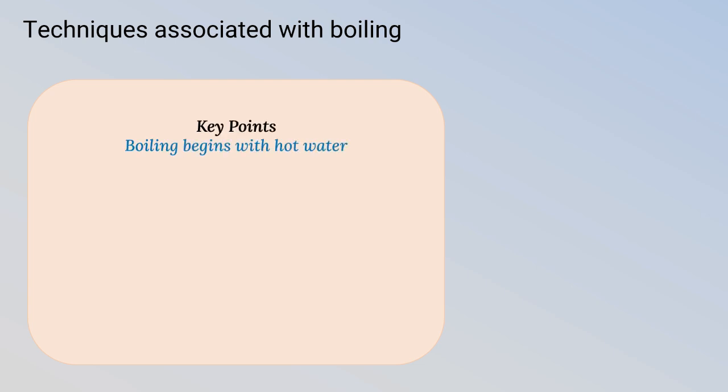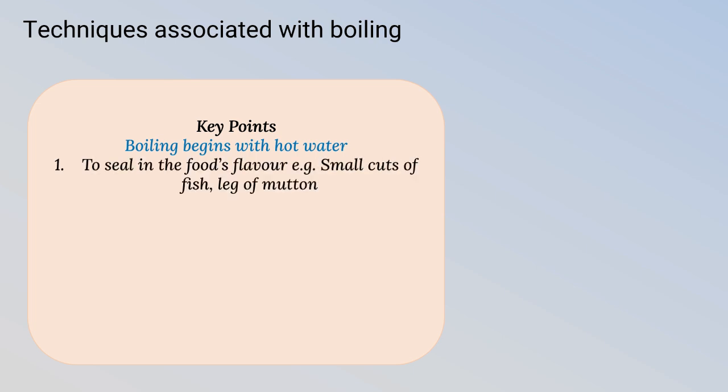Sometimes boiling begins with hot water. Let us see. If you want to seal in the food's flavor, such as small cuts of fish or leg of mutton, and we want them to be full in flavor, then the boiling method will start from hot water only, not from cold water.